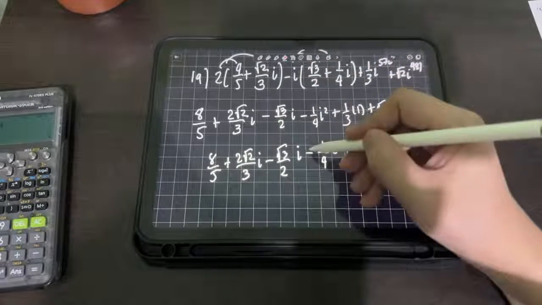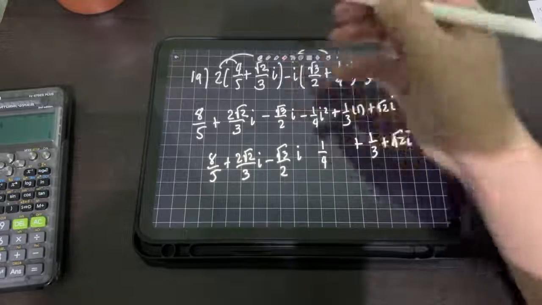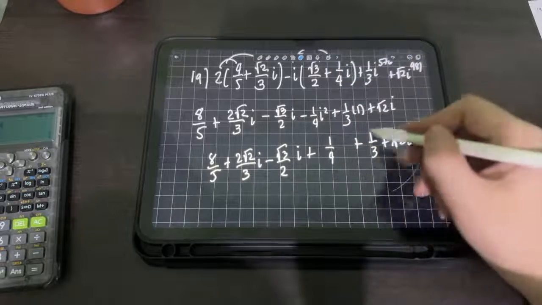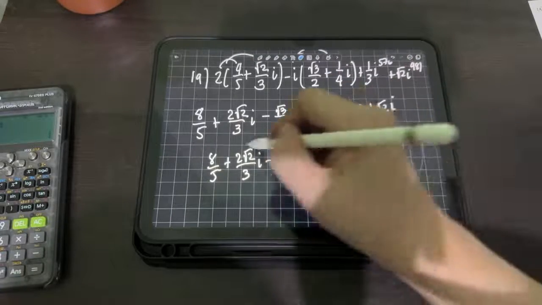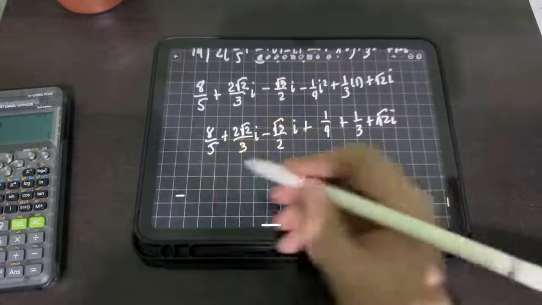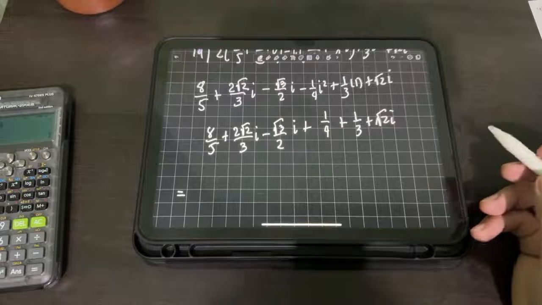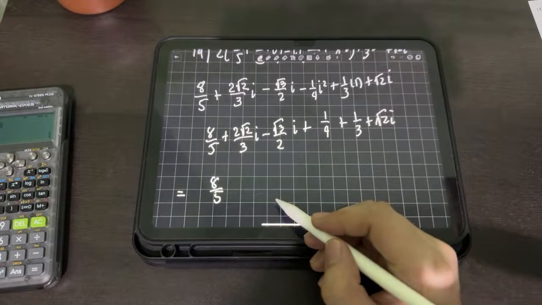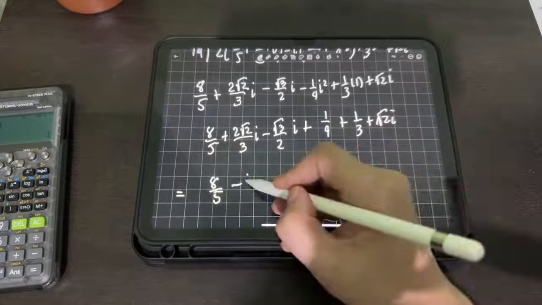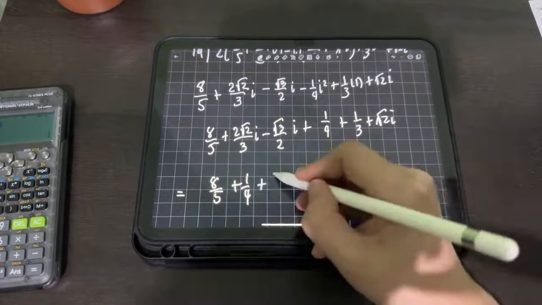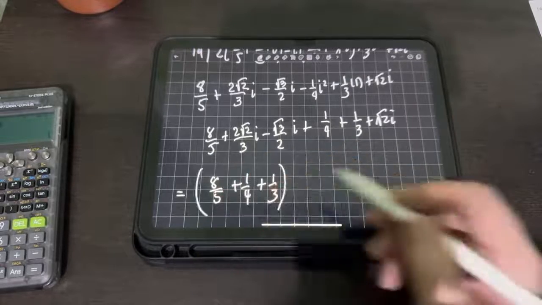It will become positive 1/4. Okay, we don't have any more grouping symbol like parentheses, so we can combine similar terms. Let's have the real parts first. So 8/5, plus 1/4 plus 1/3. Okay, these are the real parts.